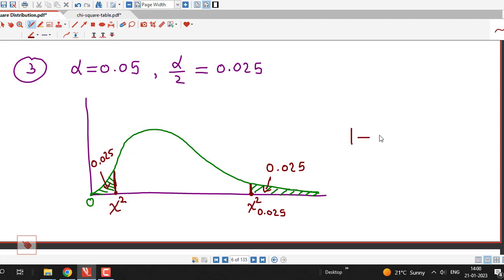So that is going to be 1 minus 0.025, which is 0.975. The area to the left side of this point is 0.025, and we know that the total area under the probability density curve is always 1. So to obtain the area to the right side of this point, we subtract the area to the left side of this point, and that turns out to be 0.975.